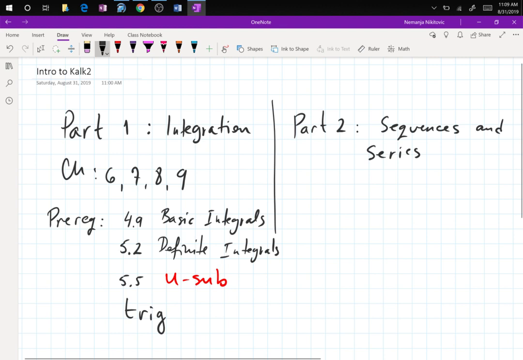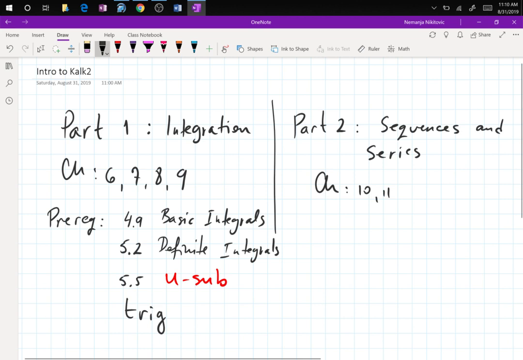Going to part 2 of our course, 100% of the problems will depend on your ability to take limits. So 100% of problems are take limits, take limits, take limits. Now that is primarily chapters 10 and 11.